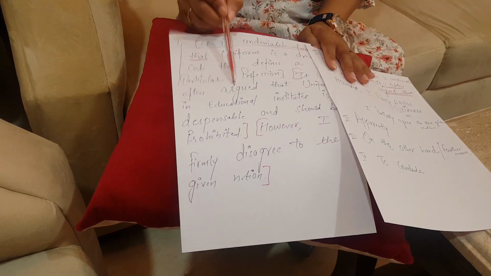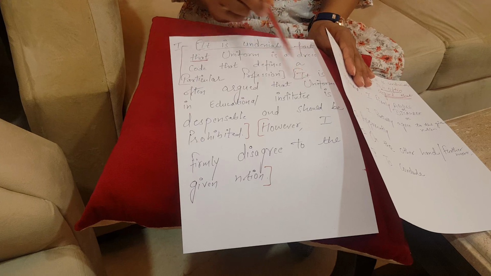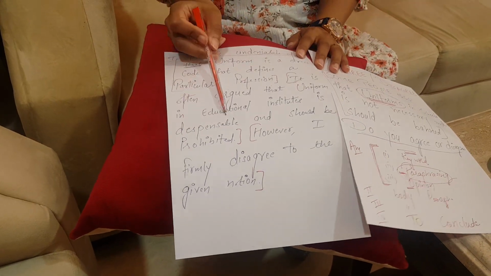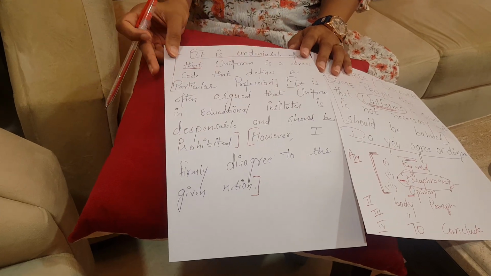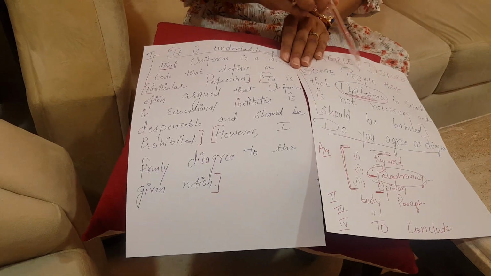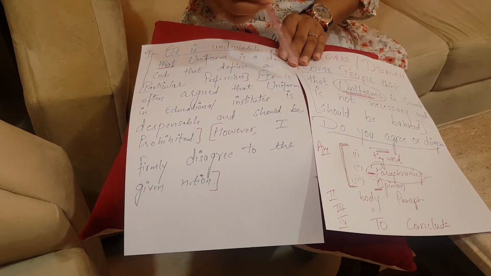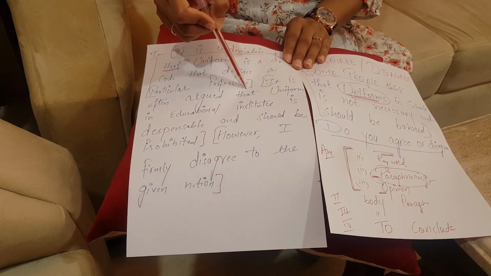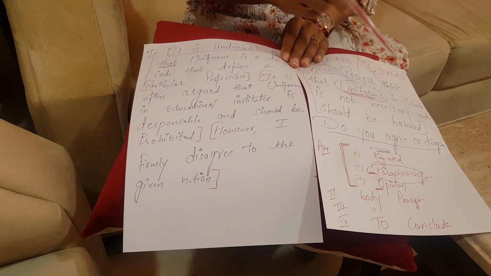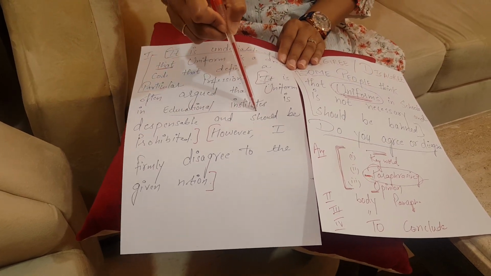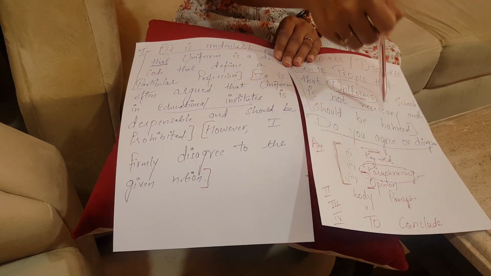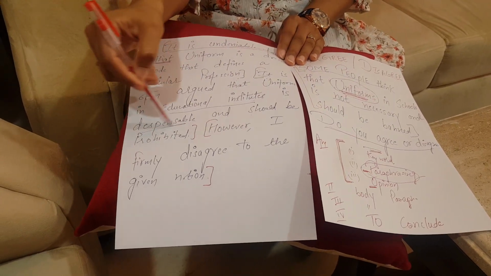It is often argued that uniform in educational institutes is dispensable and should be prohibited. If you see the question, some people think that. For some people, I have written it is often argued that. Uniform remains the same uniform. For schools, I have written educational institutes, and not necessary, I have written dispensable.